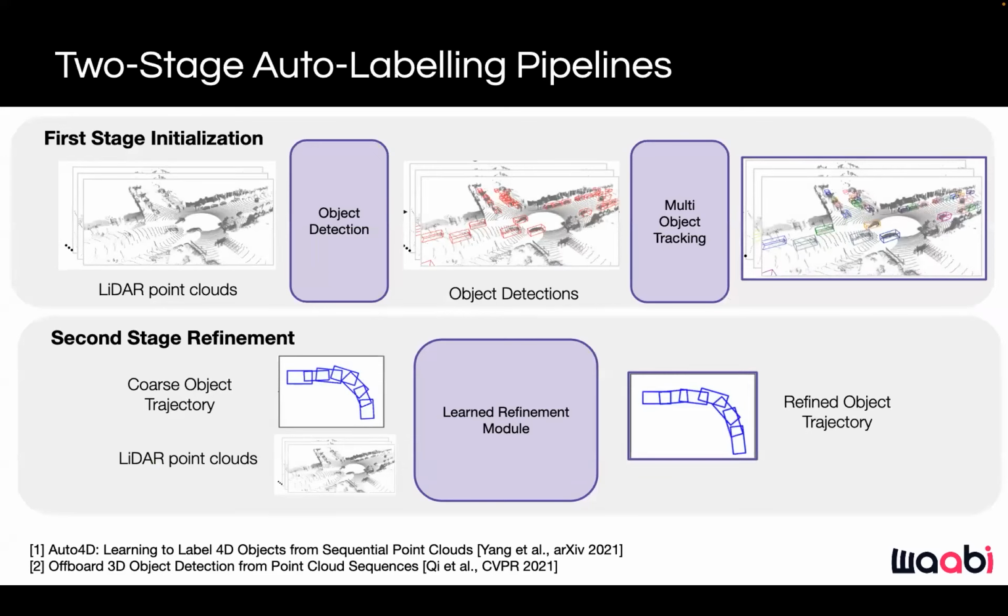And if you look at the evolution of these auto-labeling approaches, the best performing techniques work in a very simple way. First you run a standard perception system, typically an onboard type of perception system, where you detect and then you track.